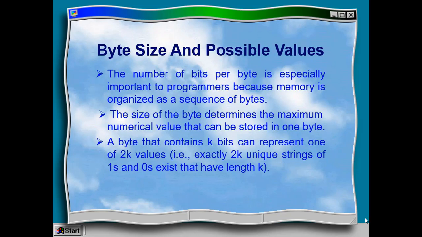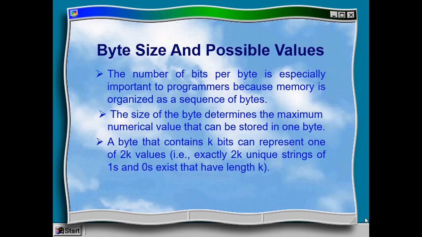So we move on to the byte size. The number of bits per byte is especially important to programmers because memory is organized as a sequence of bytes. The size of the byte determines the maximum numerical value that can be stored in one byte. A byte that contains k bits can represent 2^k values, exactly 2^k unique strings of ones and zeros that exist in a length of k, right?